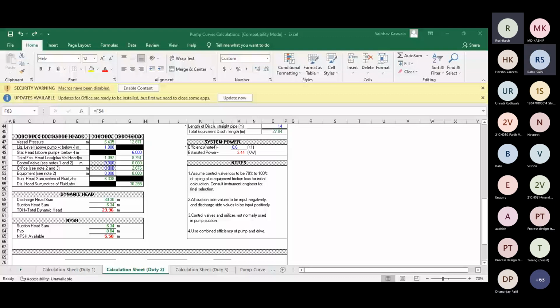I'm saying that in the previous example, while we were throttling the valve, the pump head was changing. Your voice is breaking, I'm not able to listen.